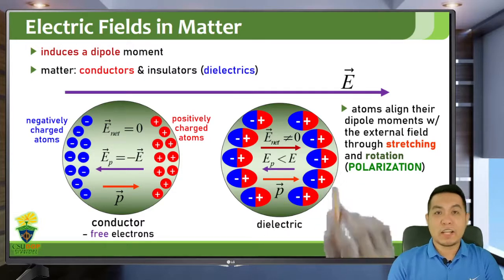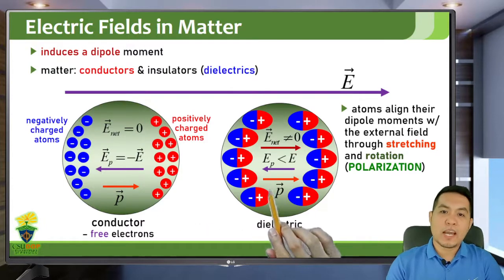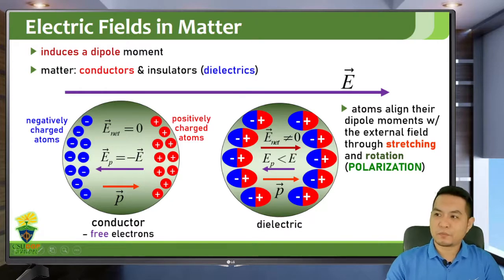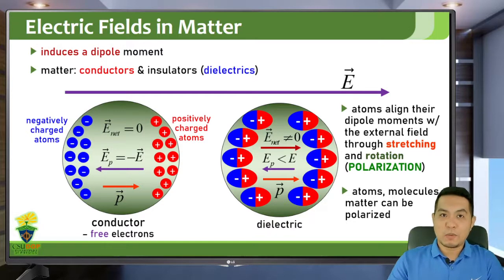And this is generally called polarization. So basically, your dielectric, in this case, is polarized. Atoms and molecules and, in general, matter can actually be polarized.